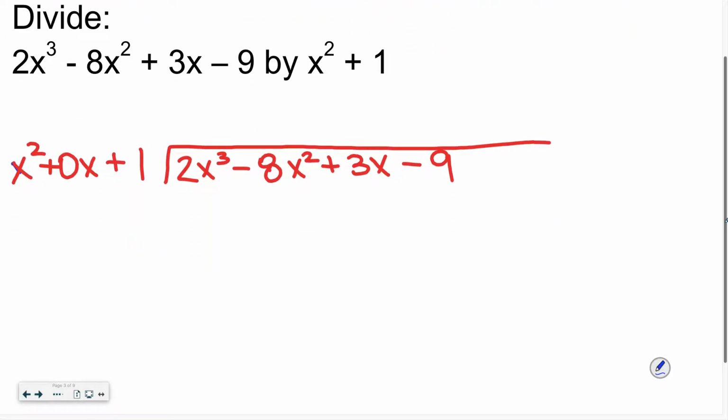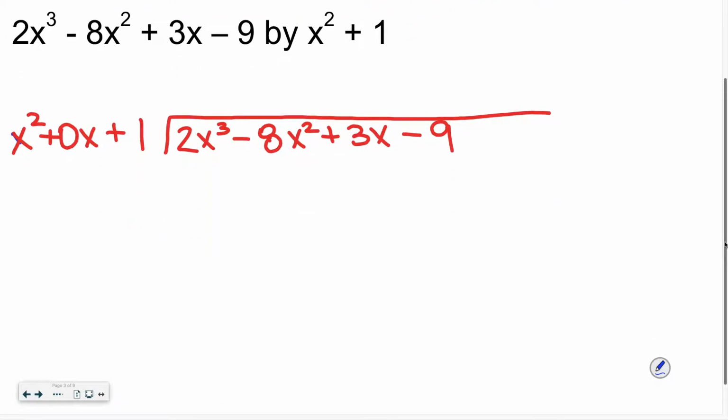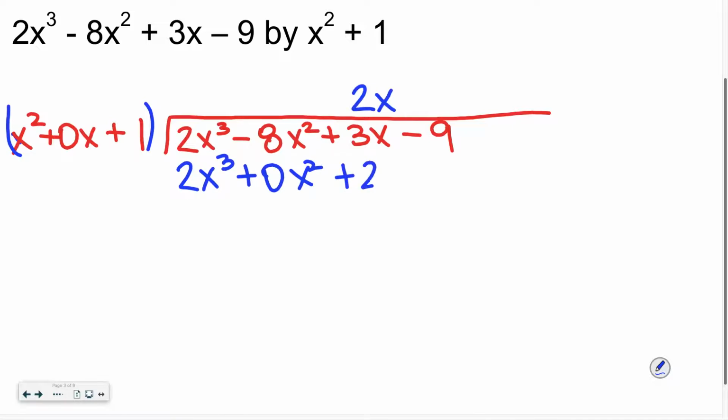Okay, so now let's do this. x squared times what is 2x cubed? 2x. So I'm going to put it in our x column. And we take our divisor and multiply it by that 2x. So we have 2x cubed plus 0x squared plus 2x. And remember, we are subtracting.